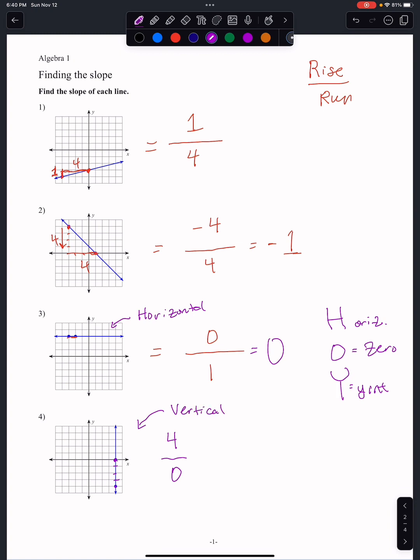And here, remember we talked about VUX? VUX, remember, is vertical, U is undefined, and this is an x equals. So it only crosses the x-axis and never touches the y-axis.